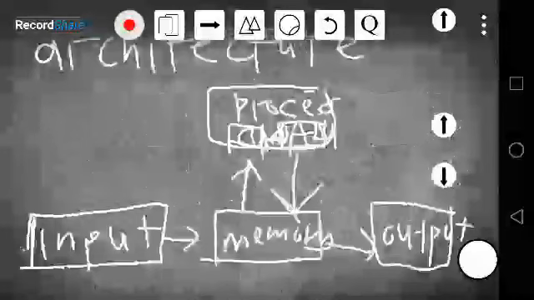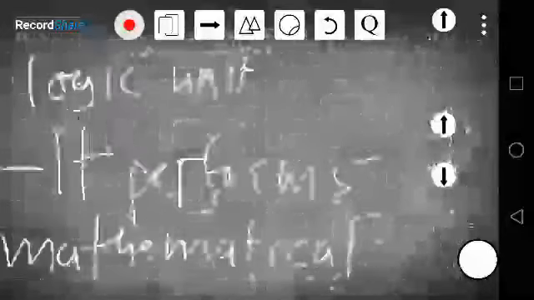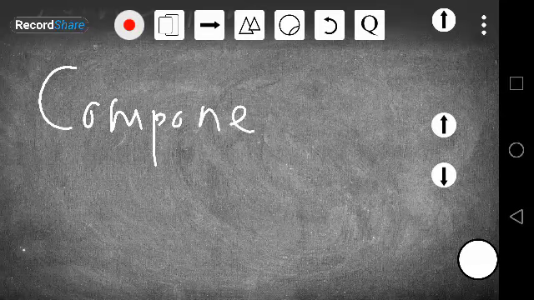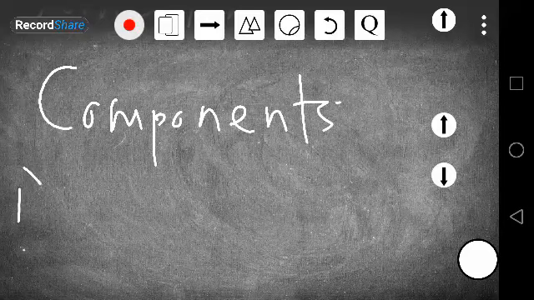Let us look at the components now. The first one, we have input.